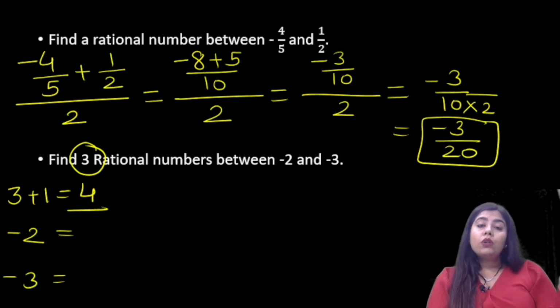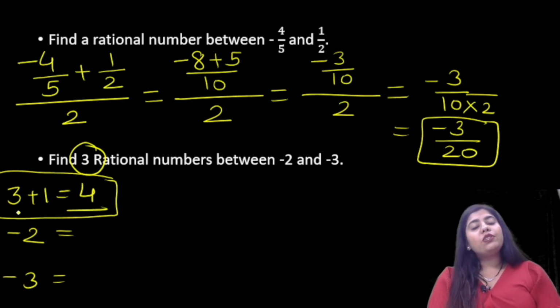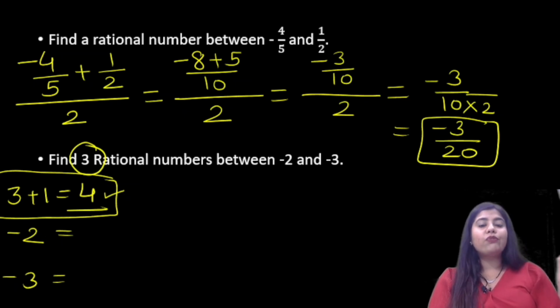To get exactly the given number of rational numbers, we did this thing. If we have to find three rational numbers, then we just have to add 1 and we will get the answer as 4. Now using that 4, we will find the equivalent fractions of -2 and -3.